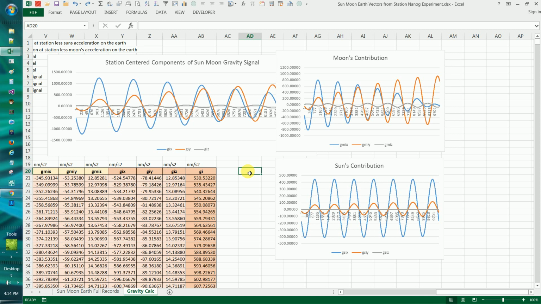Then this network should eventually be sensitive enough to measure the sun's variations in mass distribution at the earth. I don't know the mathematics, frankly, myself at this point. I don't know if I'll survive long enough to see that, but I do believe that you can see that.